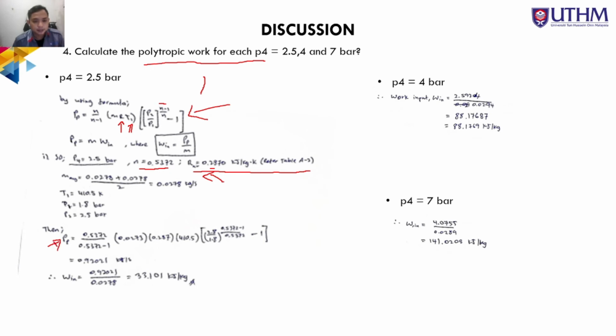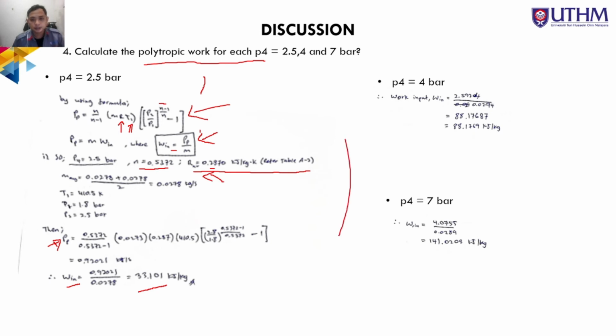After we get the polytropic power, there's another formula to find the polytropic work, which is W in equivalent to polytropic power over m, where m is in kilograms per second. So W in for P4 of 2.5 bar is 33.101 kilojoules per kilogram.